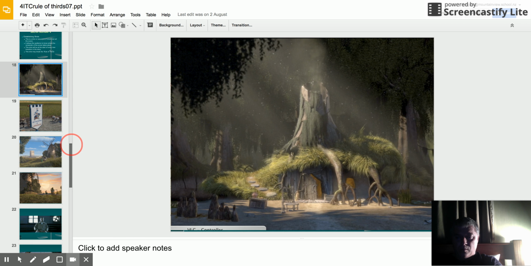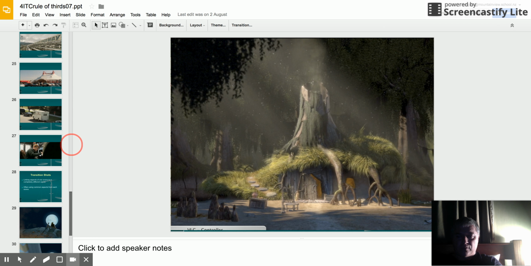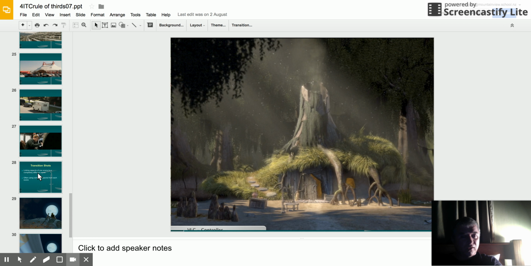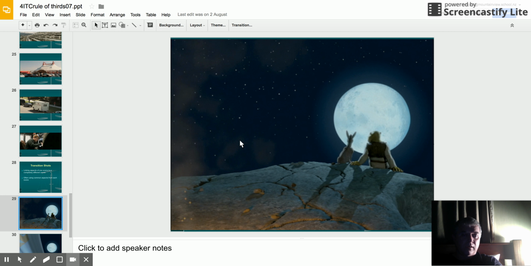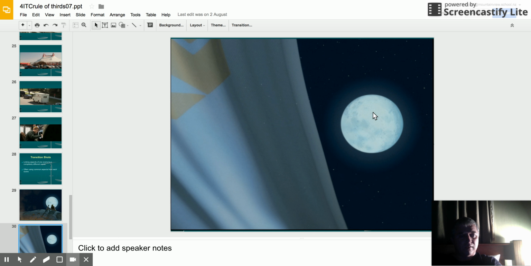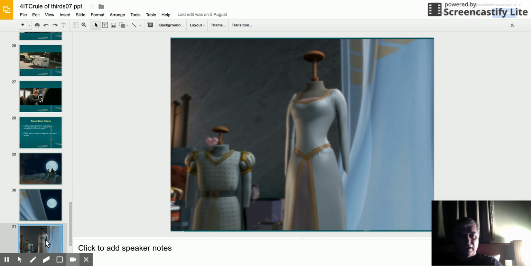And then we'll go down to the very last one, probably the most difficult one to implement, transition shot. This is where you're trying to link one scene to another scene. Very close to the establishing shot, but subtle. So in this one, the moon in the background with Shrek links to the next scene, and then the curtain links to the next scene.